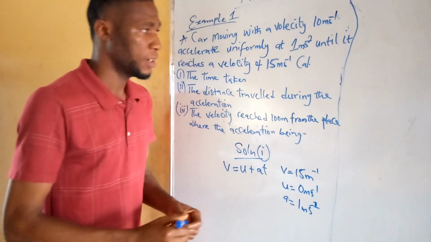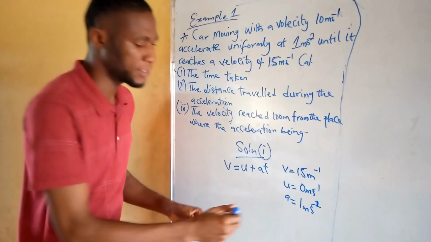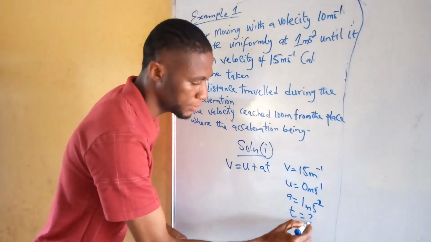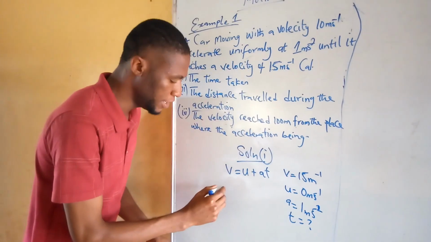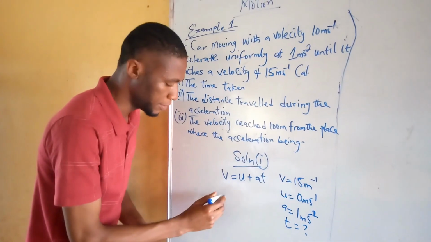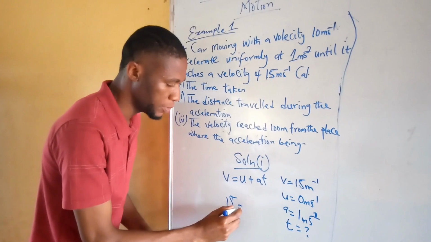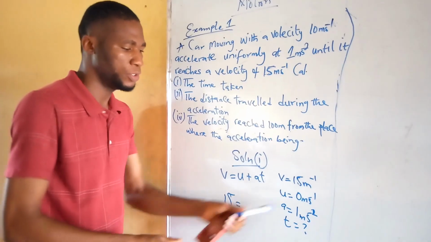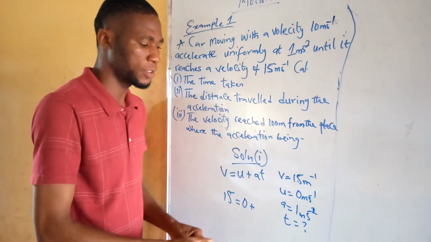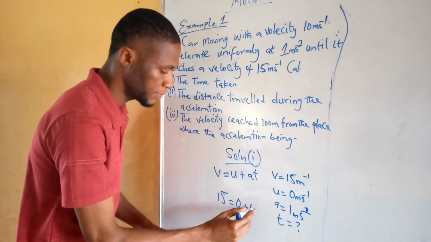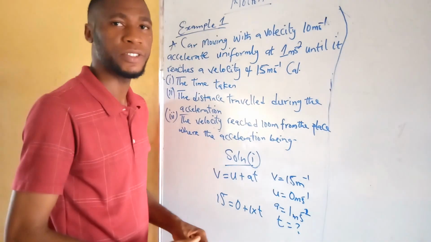Okay. So we are looking for the time taken. The time is unknown. Since the time is unknown, we now have it that v is 15. 15 is equal to u, which is 0, plus acceleration, which is 1, times t, which is not given.